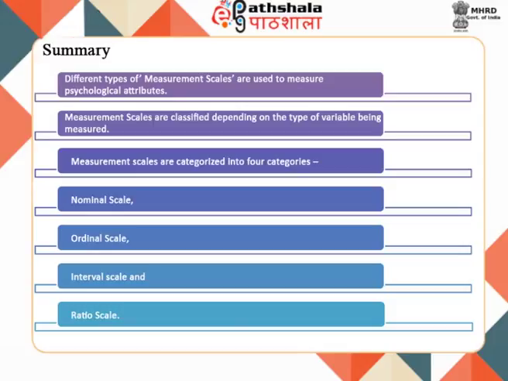A ratio scale is advancement of prior 3 categories in which distances between numerals are stated with respect to a rational 0 rather than with respect to each other. The ordinal level of measurement is most frequently used in psychology.